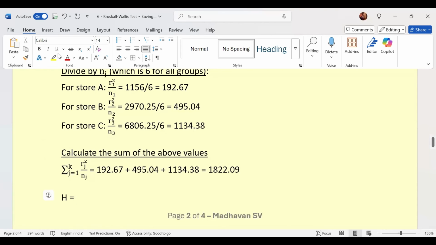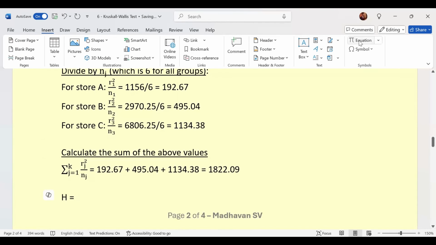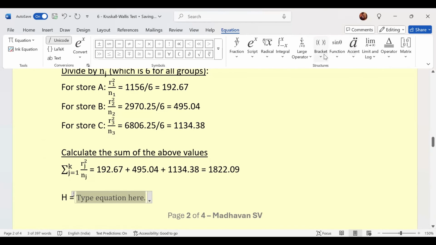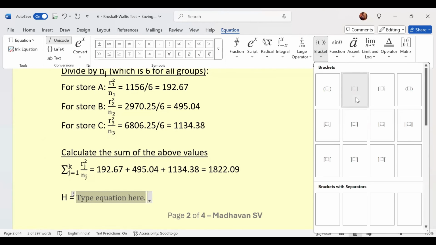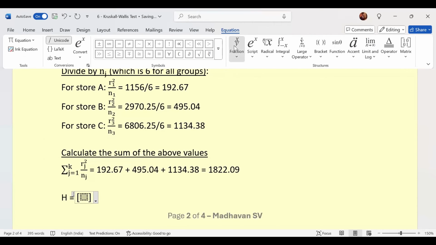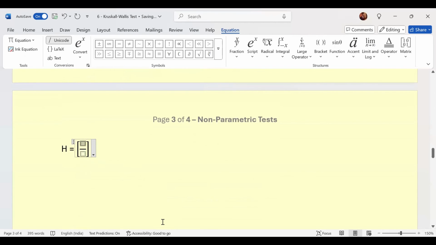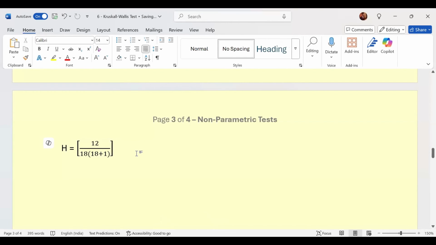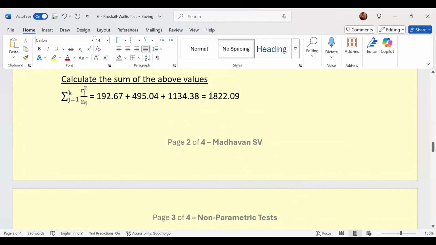H value will be a fraction first, 12 divided by totally n is 18, 18 into n plus 1, 18 plus 1, multiplied by this value, whatever we added.